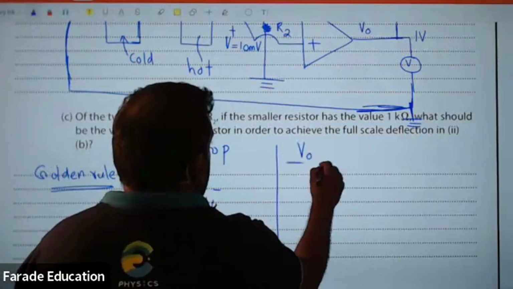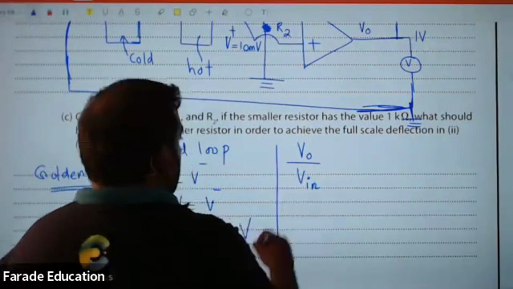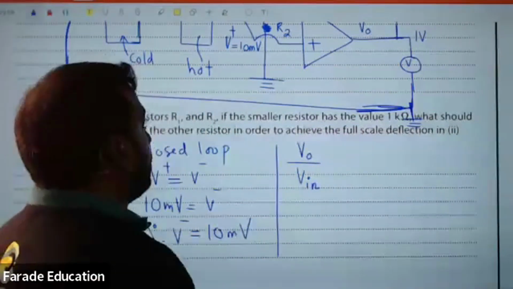So closed loop gain is output over input.